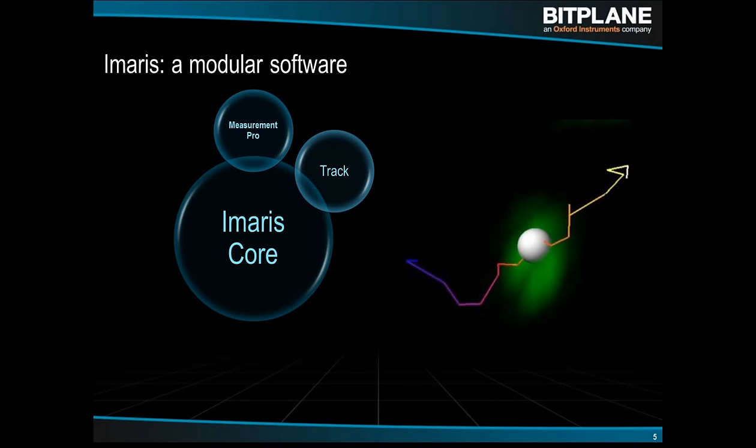Now, if you are doing time series imaging, you might want to add the track module, Imaris Track, to your configuration, and what that does is allow you to extract additional measurements, and to get to those measurements, you also need some tools to connect the different time frames together.